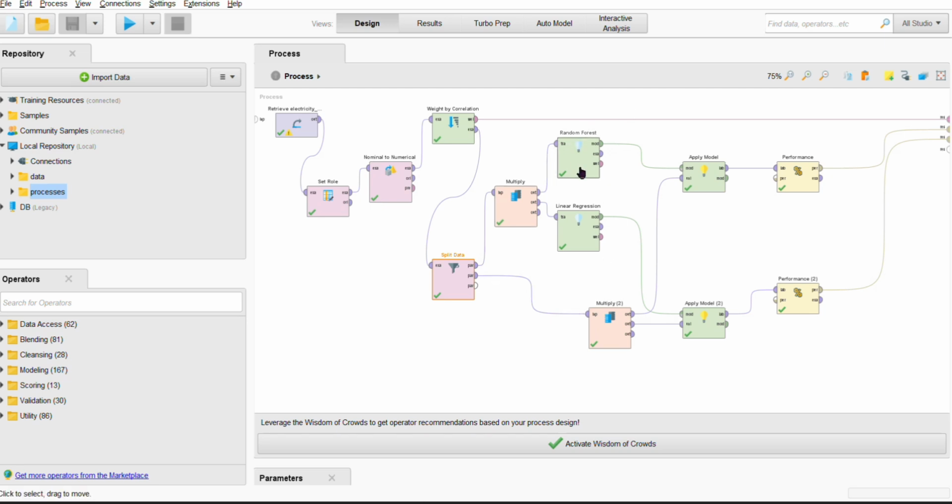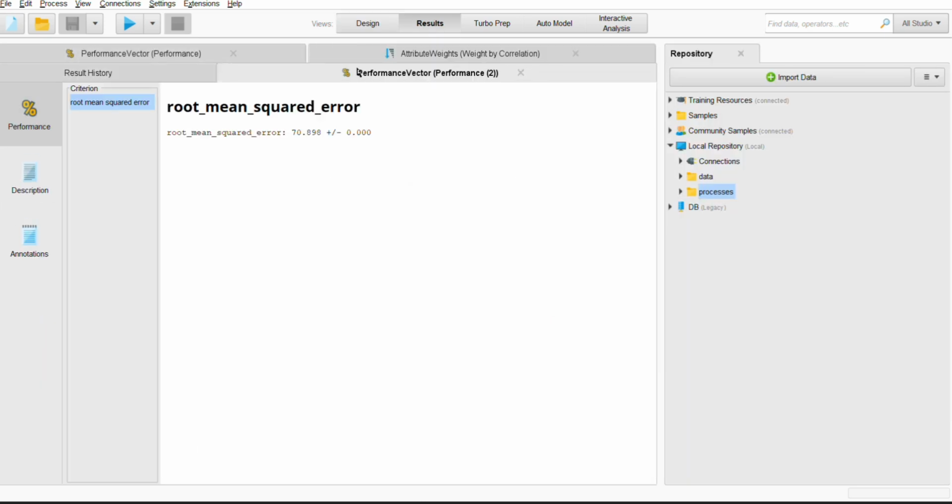We used two models, random forest and linear regression, and we feed the input to these models. They will predict the label based on the input, which means they will calculate the final outcomes.